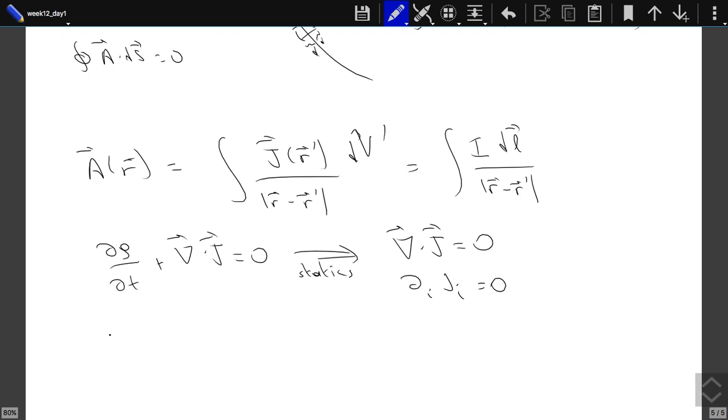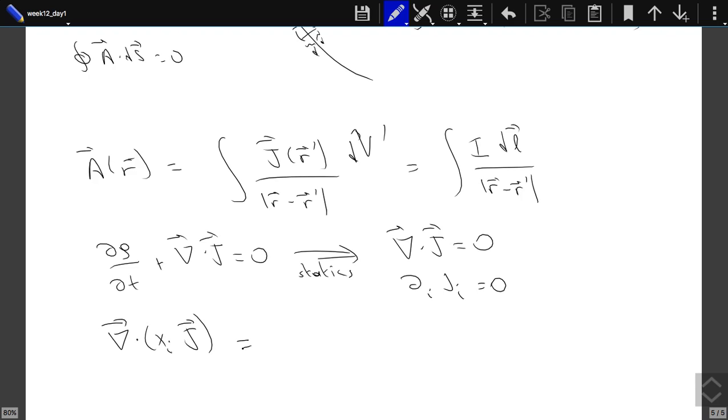Now let me look at this thing. The divergence of x_i times j. I just take my j and multiply it with x, y, or z, depending on what your i is. This is a vector field. I just take its divergence.